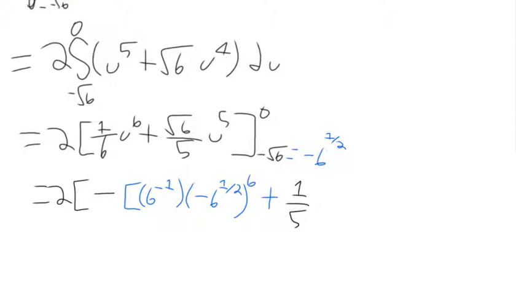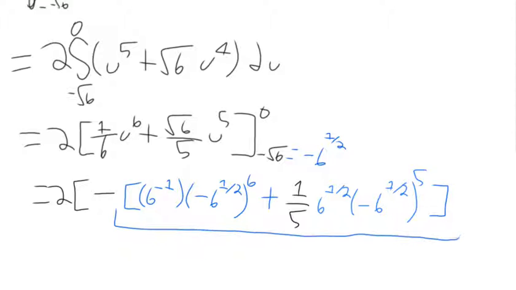The square root of 6 is 6 to the 1/2 power, and then we have to multiply by negative 6 to the 1/2 power, because that's going to be our u value, and raise this to the 5th power. And let me put down a closed bracket right here, because we're subtracting this whole thing. Alright, so we have basically 2 times negative 1 times all this.